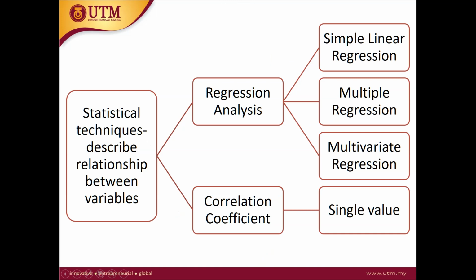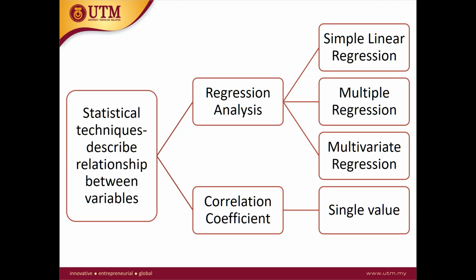So basically, regression and correlation is exploring the relationship between variables. We have two statistical techniques to describe the relationship between variables. One is regression analysis, another one is correlation coefficient.